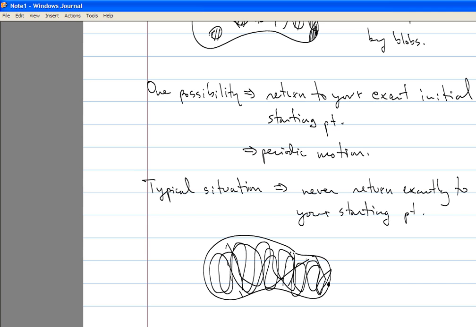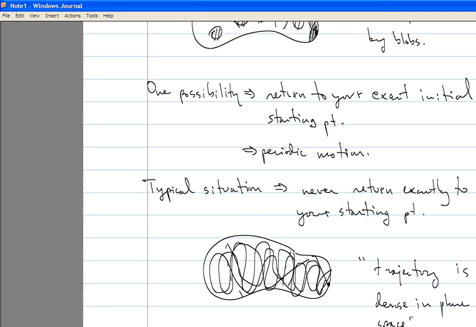And so in this case, there's a word that people use to describe that system. You would say that the trajectory is dense in phase space. Or at the very least, it's dense on the surface in phase space that is allowed by energy conservation.